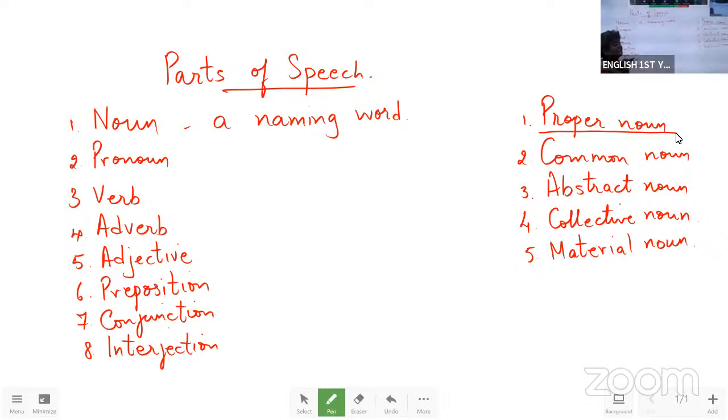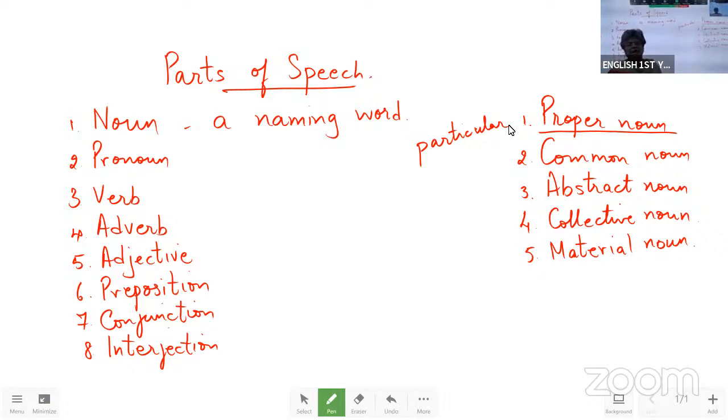When you specify a particular person or place, or anything. What do you mean by particular person?